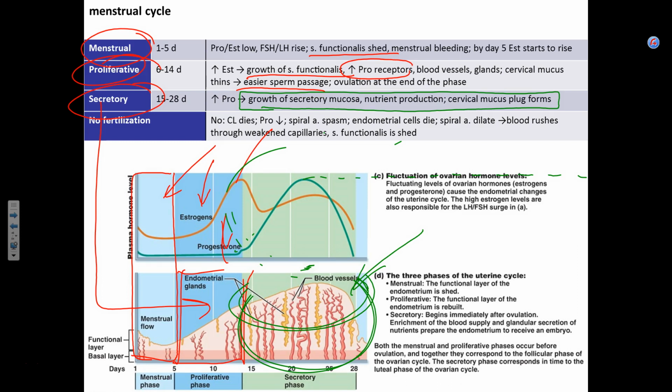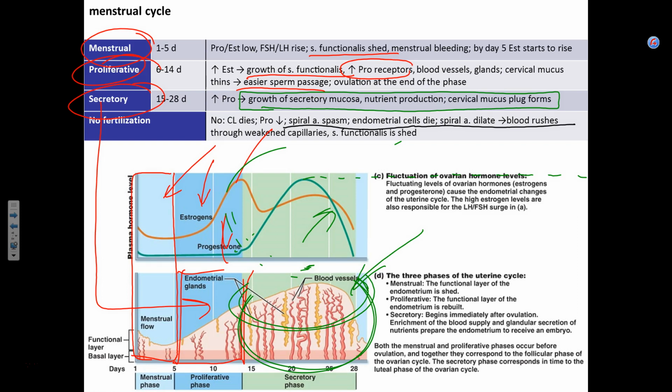So that progesterone secreted by corpus luteum will maintain the stratum functionalis ready for the implantation of the blastocyst. What if the secondary oocyte is not fertilized? What happens to corpus luteum? Degenerates. What happens to the progesterone levels? They go down, and honestly, from a physiological standpoint, in my opinion, it's really marvelous. So that decrease in progesterone levels leads to the spasm of the spiral arteries that supply blood to the stratum functionalis.